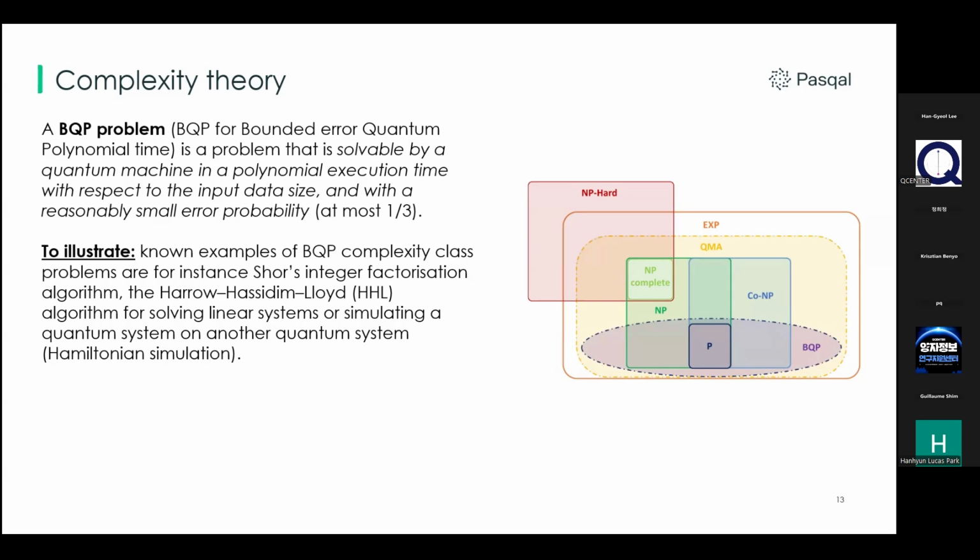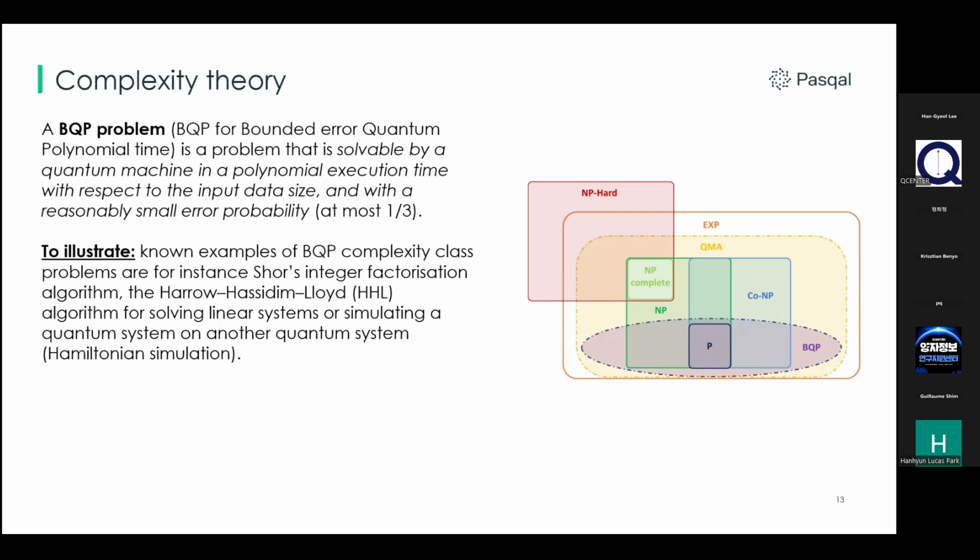This BQP is interesting because we have quite a few famous quantum algorithms that are proven to be in this class. Shor's integer factorization, which has existed since the 90s and is the fundamental reason why quantum computers will pose a danger to current cybersecurity measures, is proven to be in BQP, bounded error quantum polynomial time.